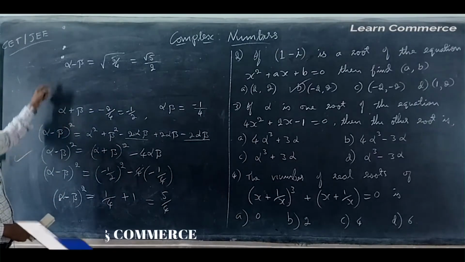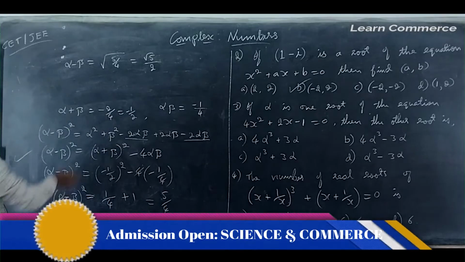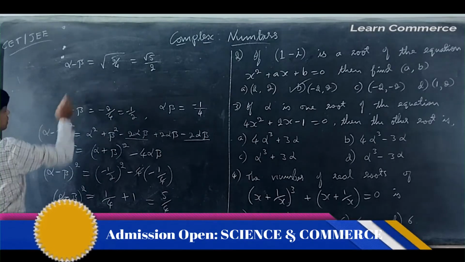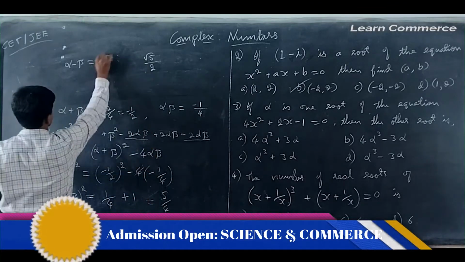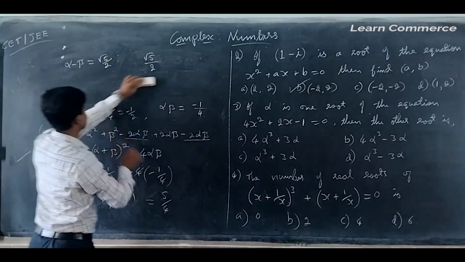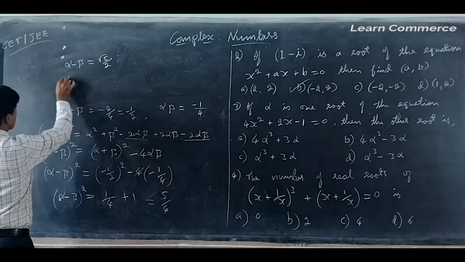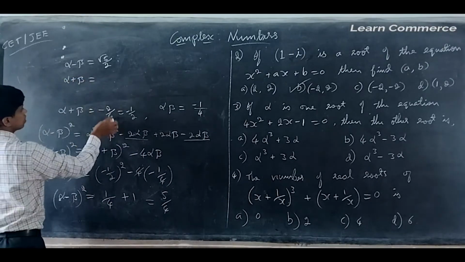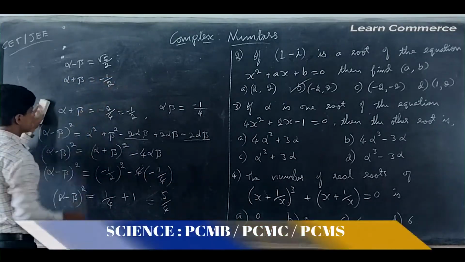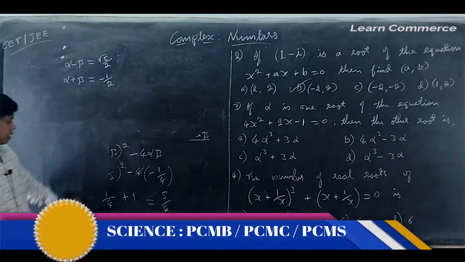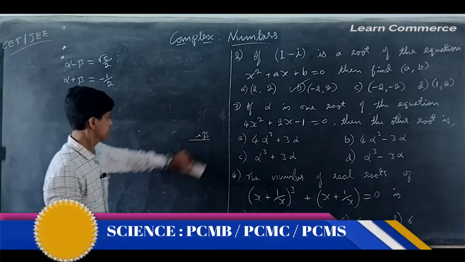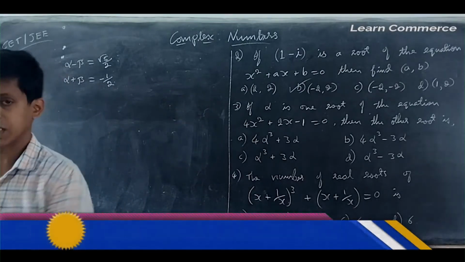Now look at this, we have these two equations. One equation is alpha minus beta equal to root 5 by 2, and alpha plus beta is minus 1 by 2. So we are left with only these two things and continue with them.